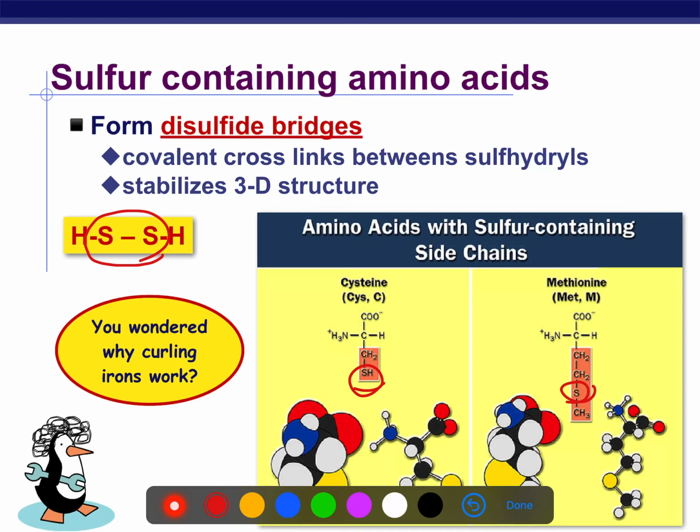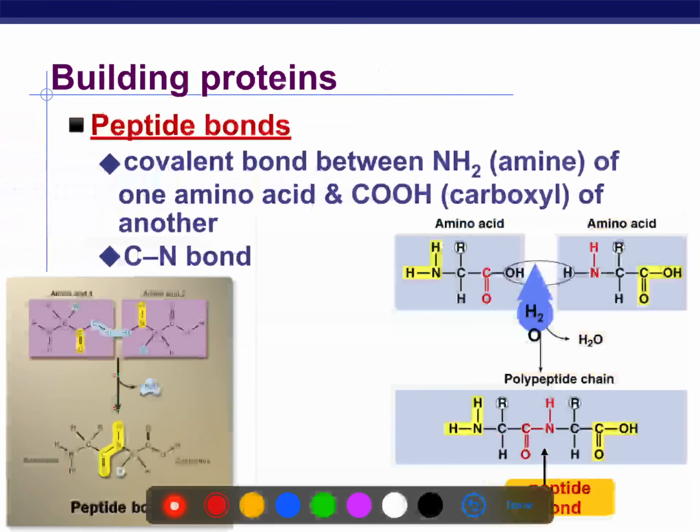You break them momentarily and then reform them back into whatever structure you want. That's how your hair holds a curl or holds a straighten with that heat, and the breaking and remaking of those disulfide bonds.